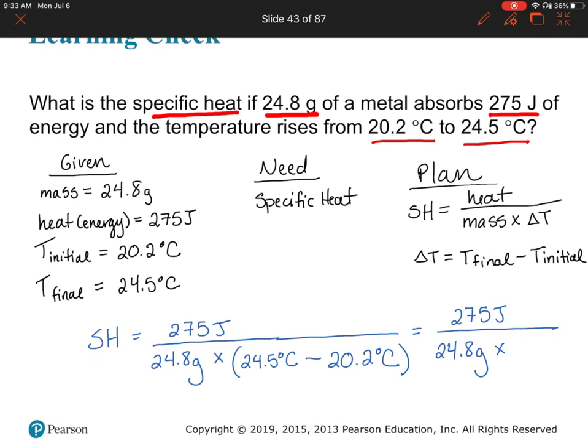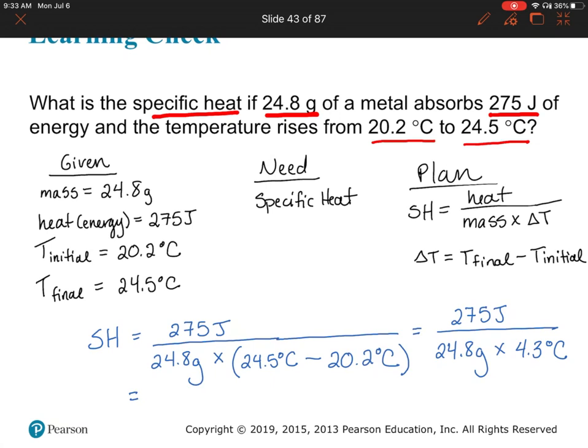So I get a value of 4.3 degrees Celsius. Okay, so now that we've determined our change in temperature, we can calculate the specific heat.